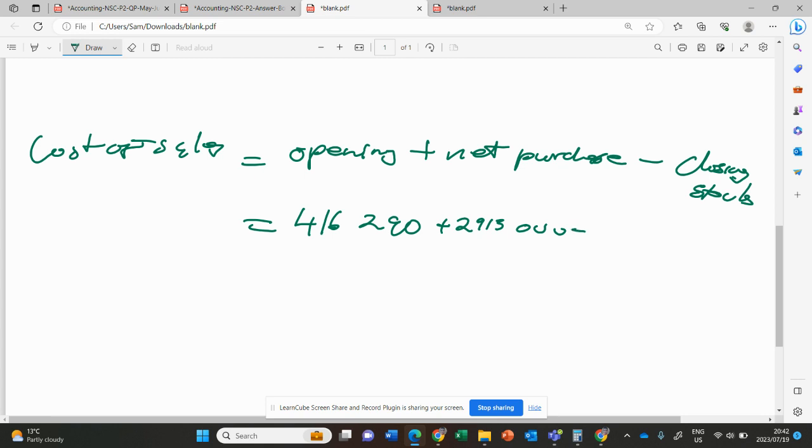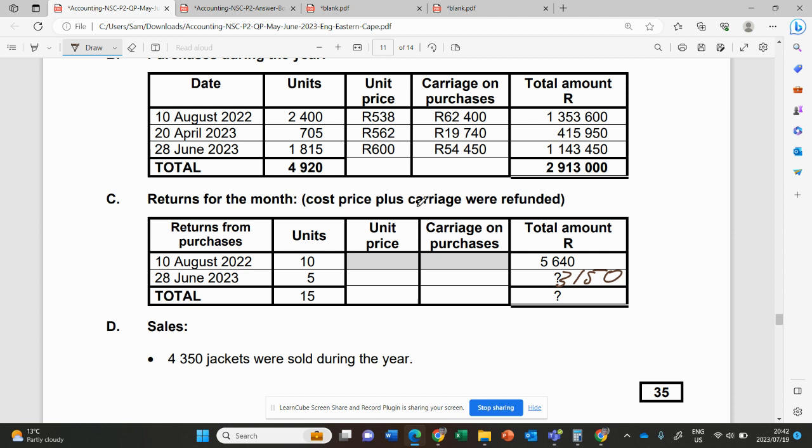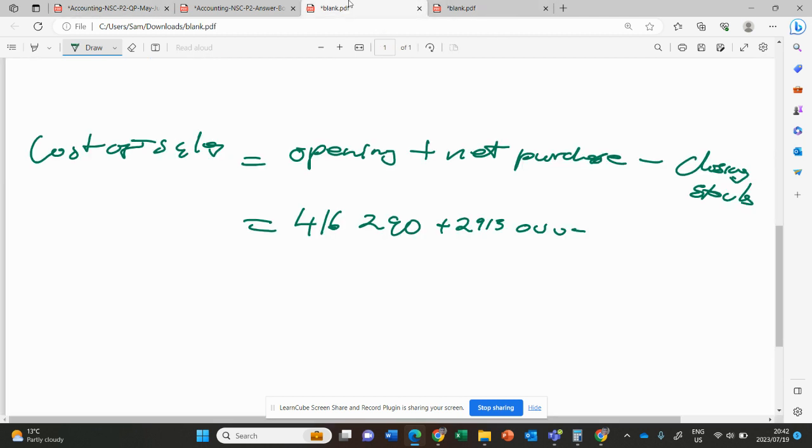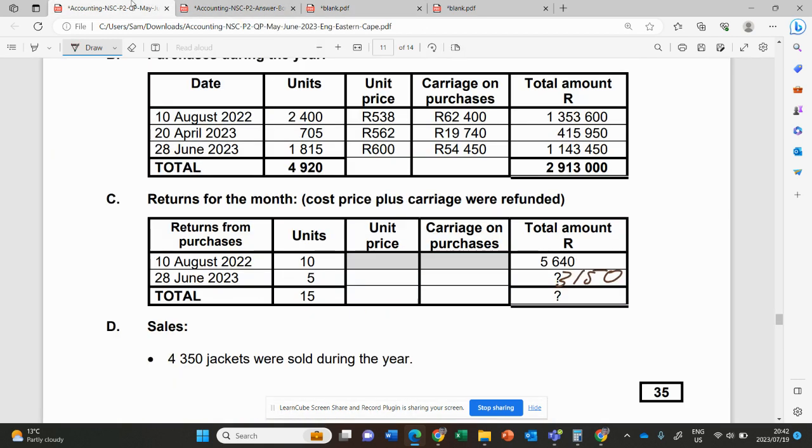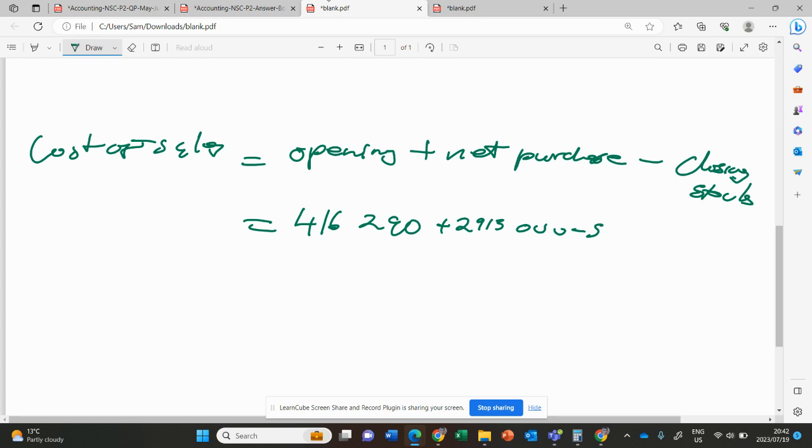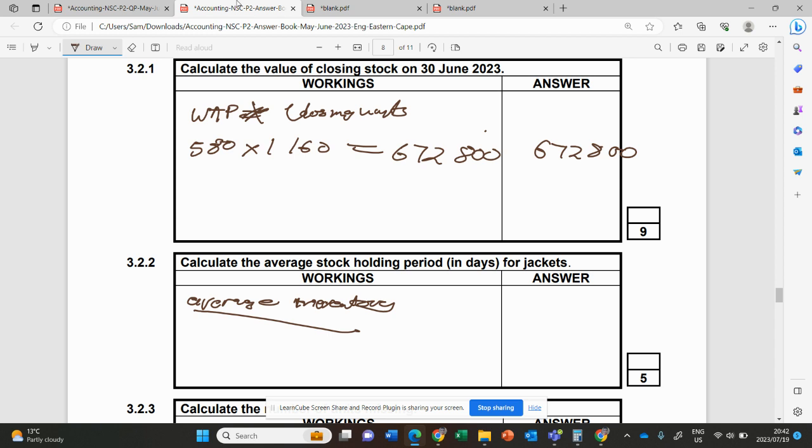We had a return of 5,640 and a return of 3,150. So minus 5,640 minus 3,150. Now we will minus the closing stock that we got, which is 672,800. Let's verify. Yes. Then from there, we got our formula.